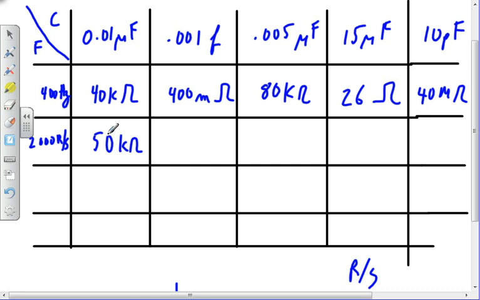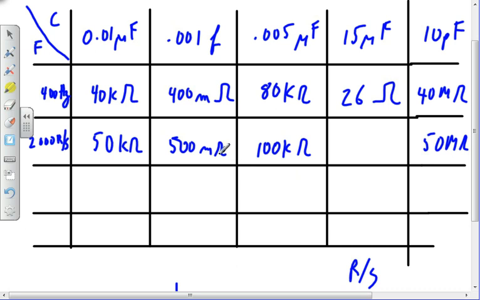Okay, if this guy's 50K, then this guy's going to be 50 meg. If this guy's 50K, then this guy's going to be 100K. If this guy's 50K, then this guy's going to be 500 milli.